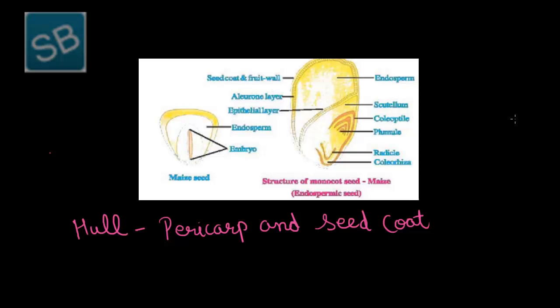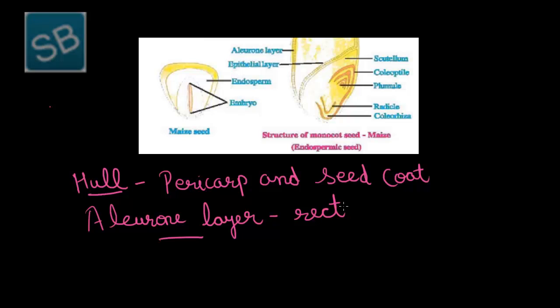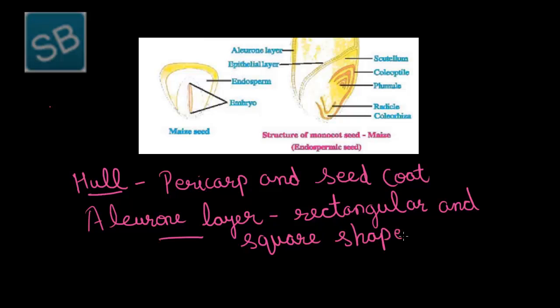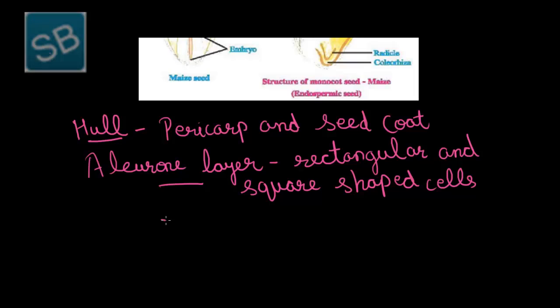Following the hull, the aleurone layer occurs, which consists of rectangular and square-shaped cells and is responsible for the storage of grains and proteins.